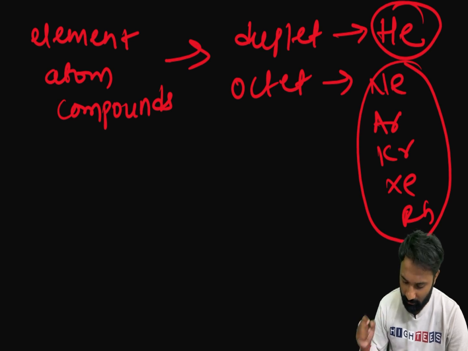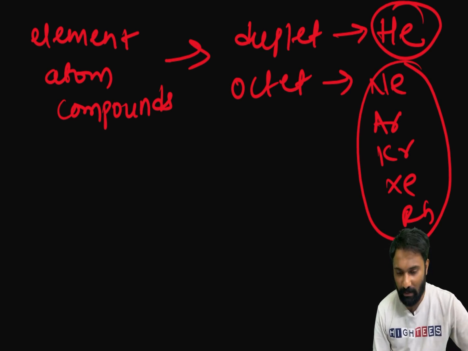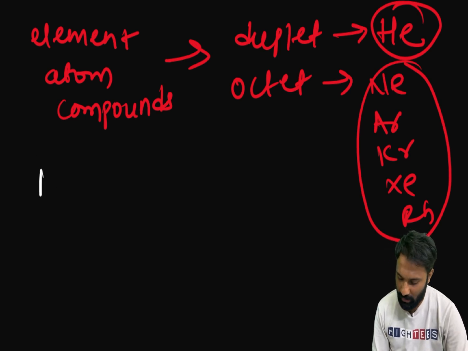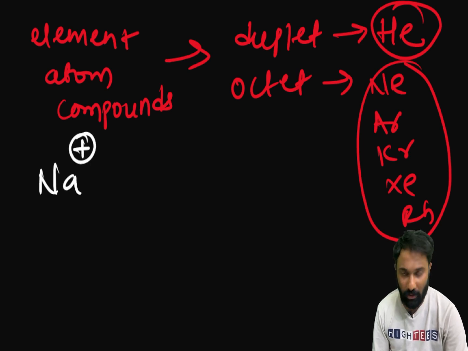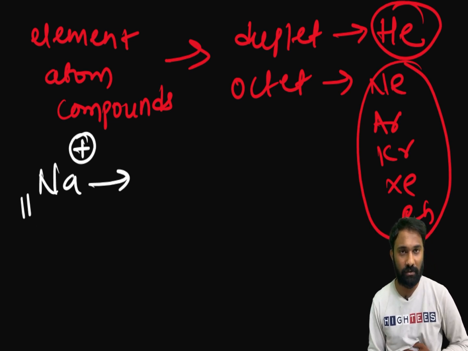Now first I will go with the help of sodium. If I take the sodium ion, what does this sodium ion contain? Before, it has 11 protons and 11 electrons, as we have seen.